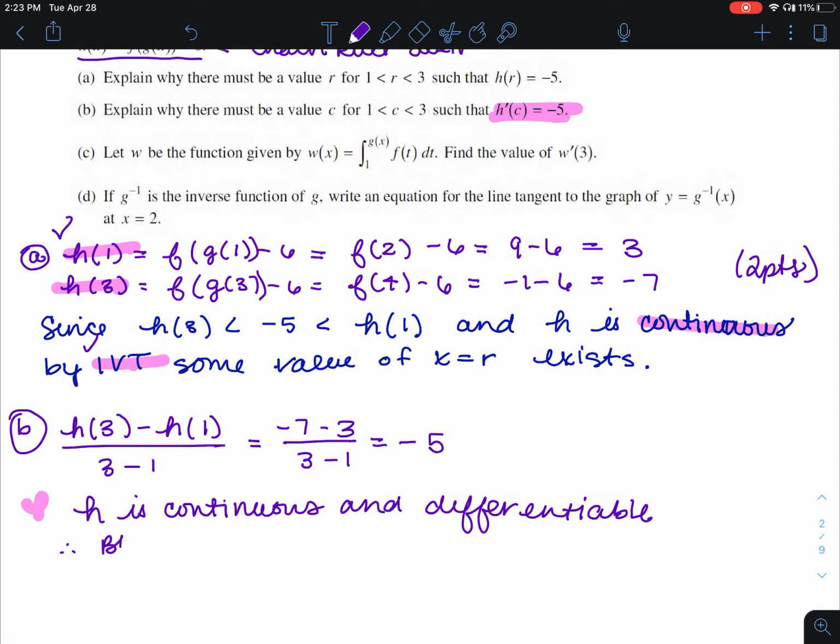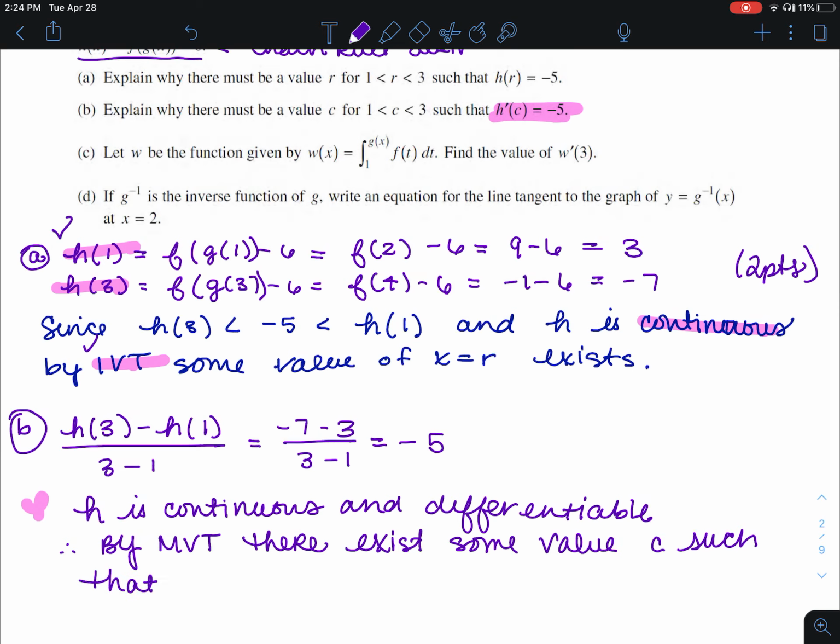Therefore, by MVT, there exists some value c such that h prime of c equals -5.